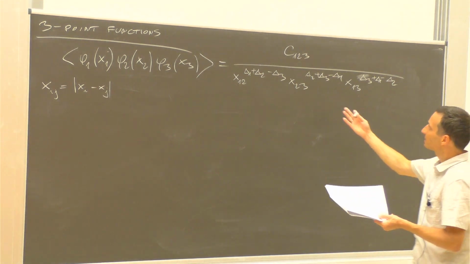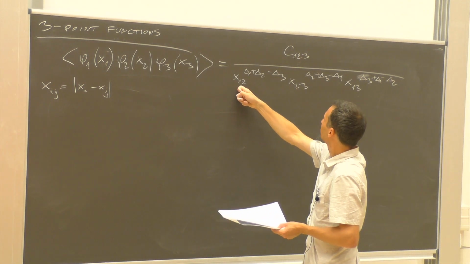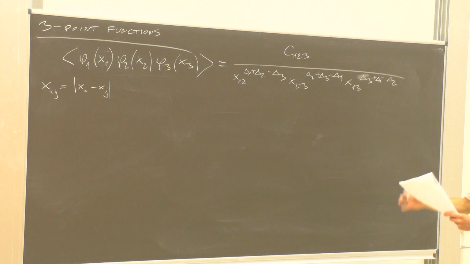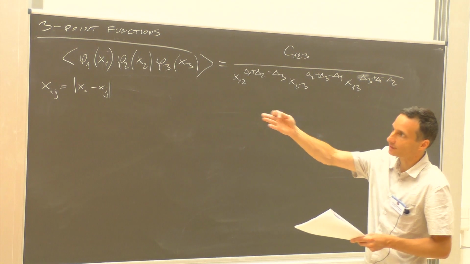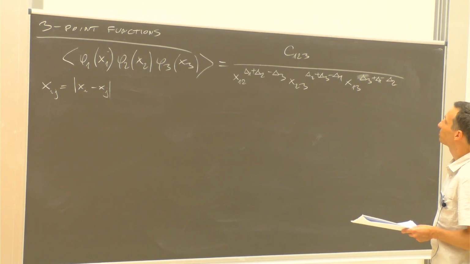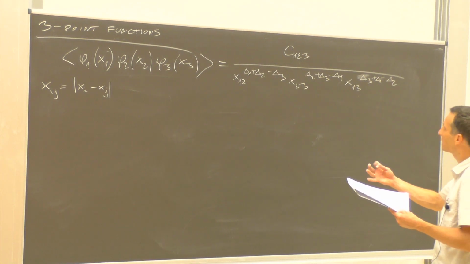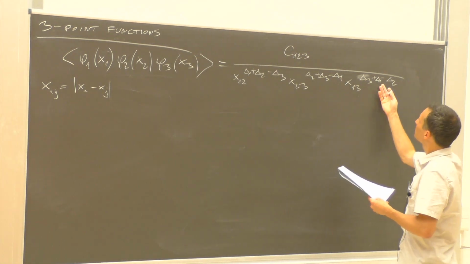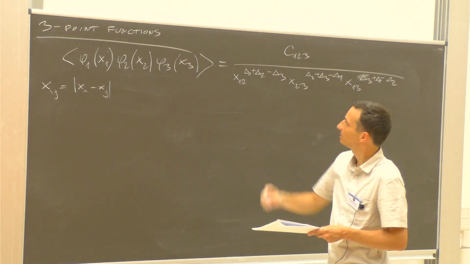And similarly, the fact that they depend on these differences between xi, xj, and not some function of those, follows like before from invariance under rotations and translations, and the scaling implies that you must have some monomials in these objects, and these exponents follow from other transformations.